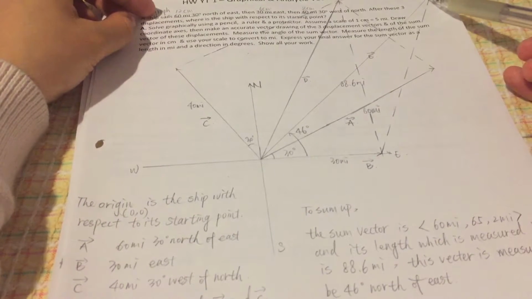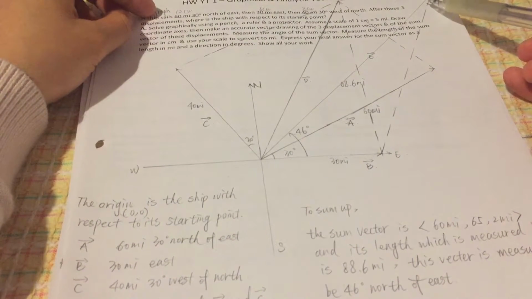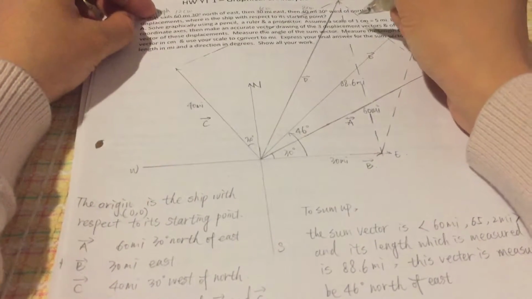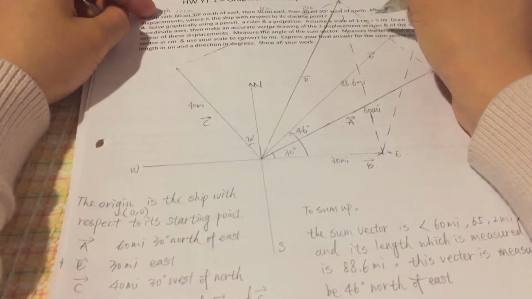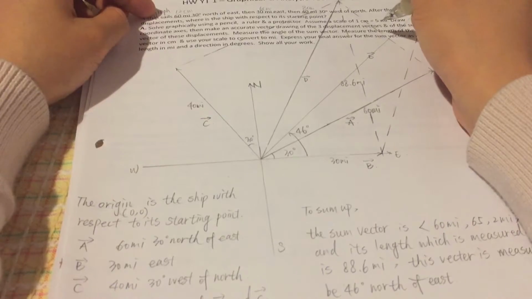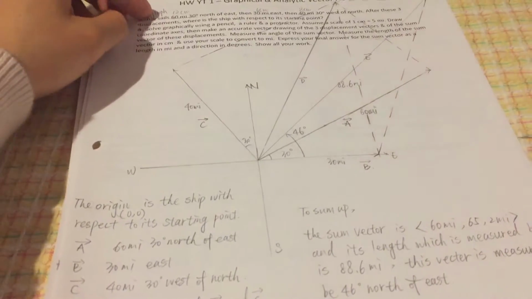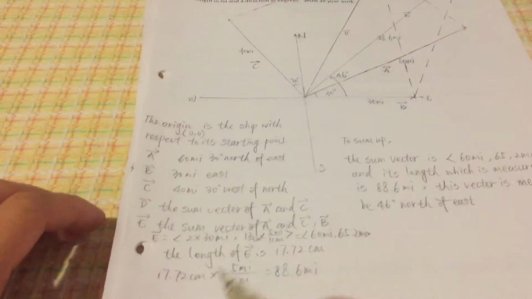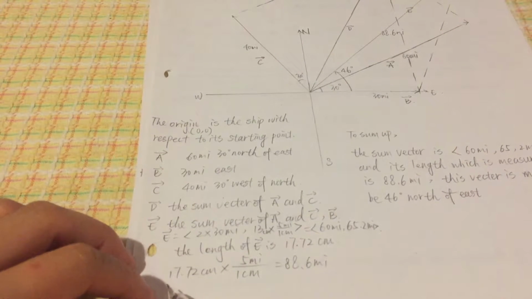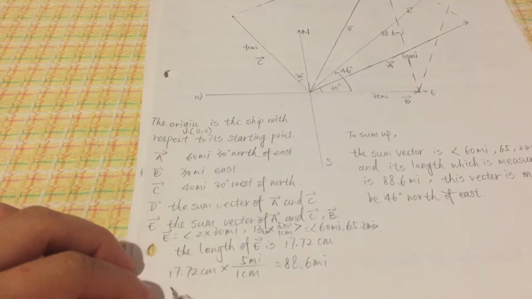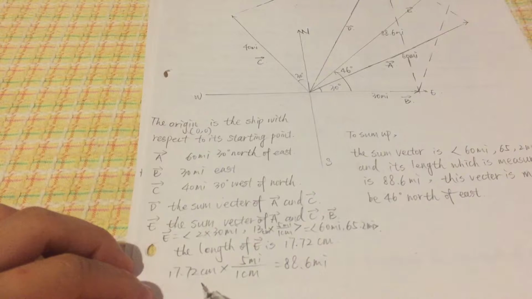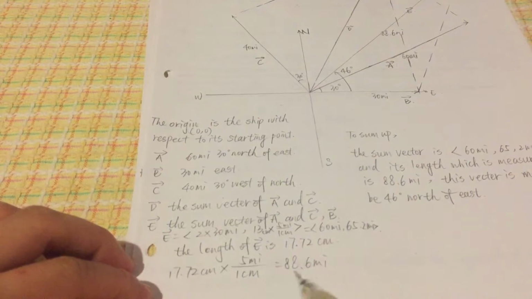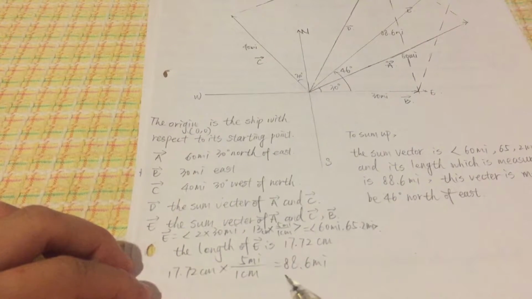17.72 centimeters. Because at the scale, 1 centimeter is equal to 5 miles, I'm going to use 17.72 centimeters times 5 miles over 1 centimeter to calculate the actual length of this vector.